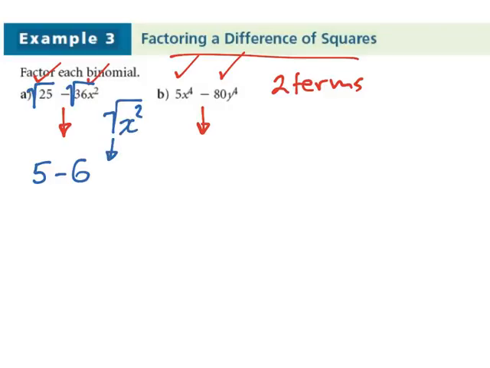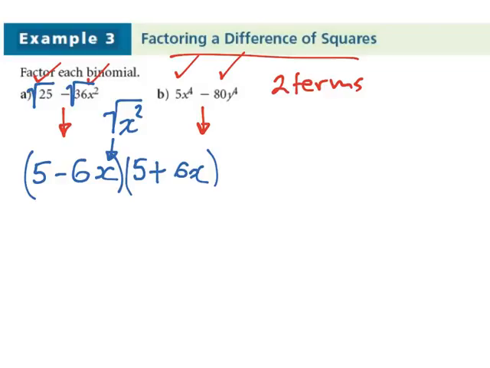So both of these are perfect squares, and they can be square rooted. Since they are perfect squares and they can be square rooted, and there's a negative, and there are two terms, we can use a specific shortcut to find the factors of this. And here's the shortcut. We square root the first, square root the second, we have a minus between them, and then we recopy the factor as so, but this time we put a positive value.